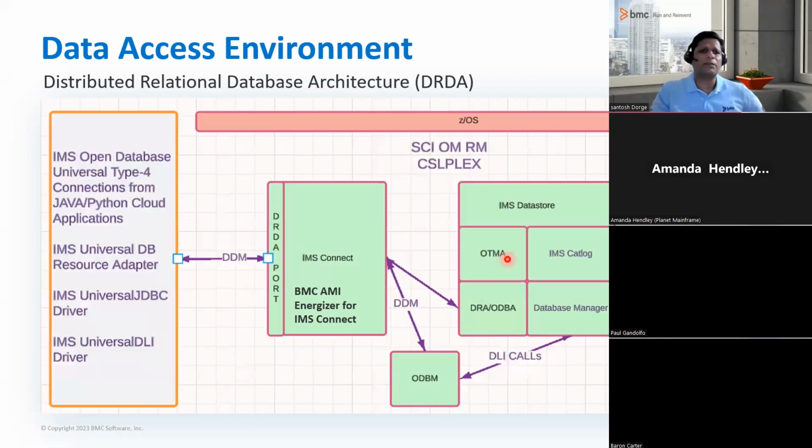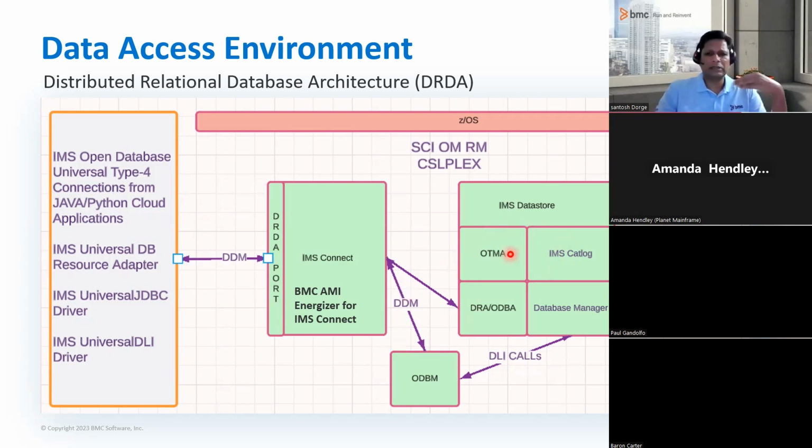And this is the picture of a sample environment, how the control blocks in the distributed relational database architecture look for data access to the IMS from outside applications without executing the transaction. Let's say data is stored in the IMS database, and an application outside the mainframe needs access to certain segments or certain fields in the database, and there is no transaction available in the current IMS transaction manager system.